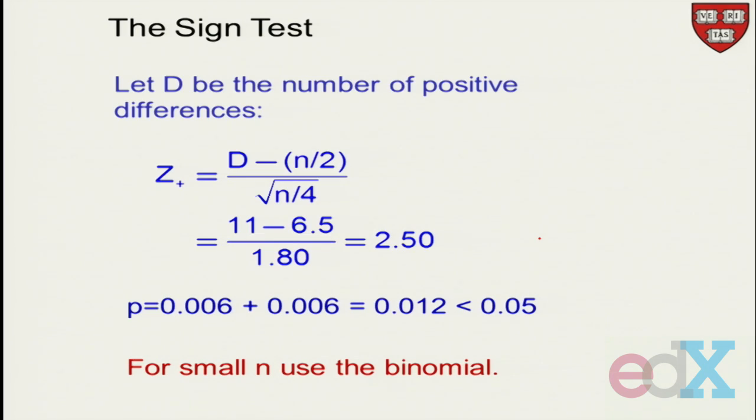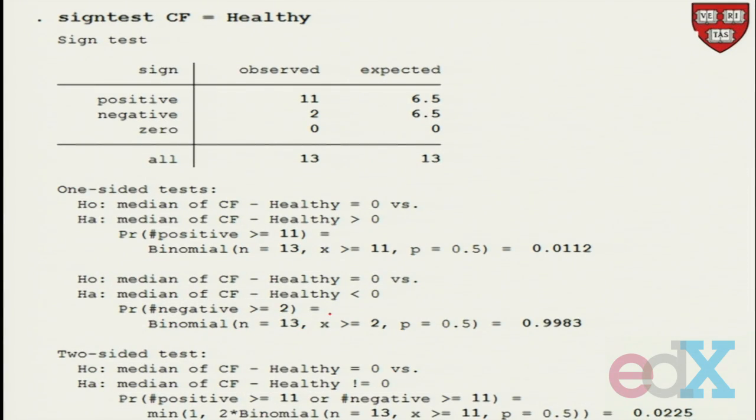And what we can do is set up the statistic like this and do a normal approximation, or we can use the binomial. It doesn't matter. In this case, we get that the p-value is approximately 0.012, but we can put it into Stata, and Stata will do the sign test for us, and there it is, sign test.